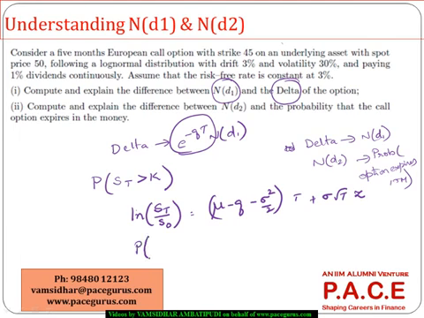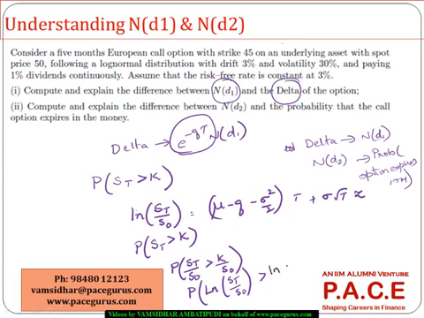If I want the probability of ST greater than K, it's as good as saying the probability of ST by S0 greater than K by S0, which can be written as the probability of log ST by S0 greater than log K by S0.